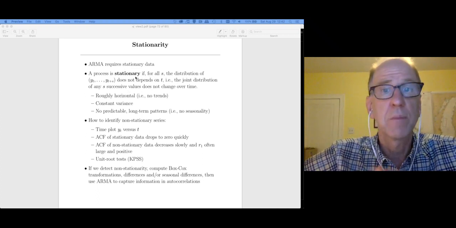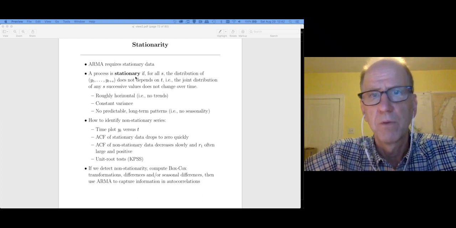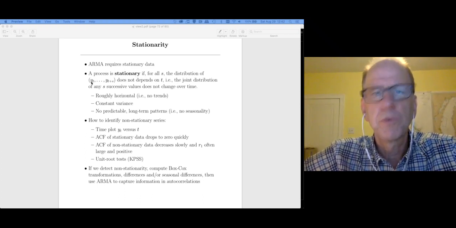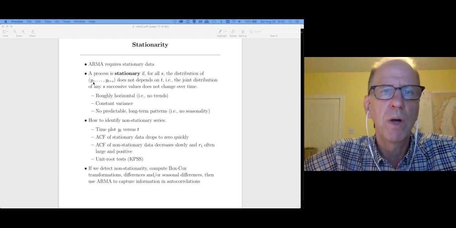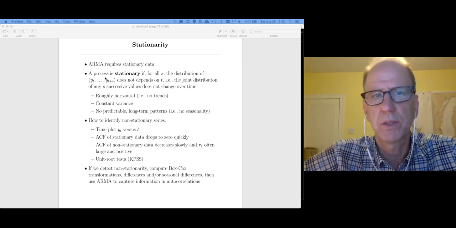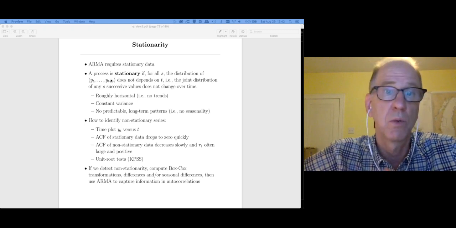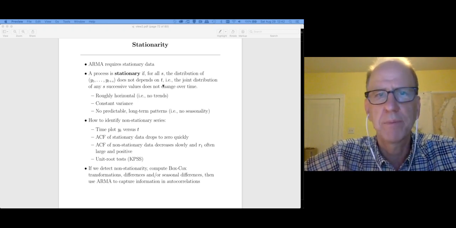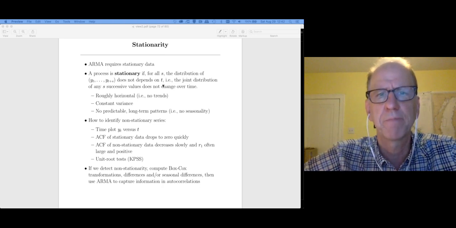A process is stationary if, for any window length s, the distribution of y sub t through y sub t plus s, the next s observations, think of this as a window, doesn't depend on t. So the distribution of this chunk of observations doesn't change over time. That's the way to think about it.